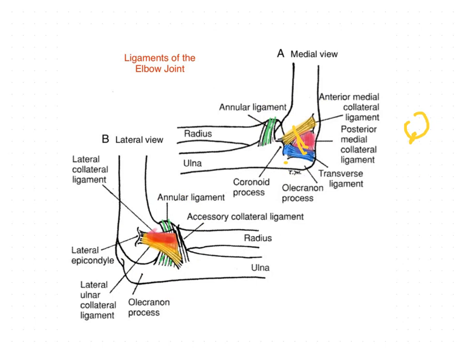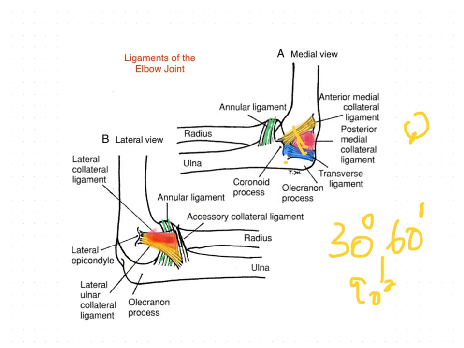The anterior band of the anterior bundle of the medial collateral ligament was found by these investigators to be the primary restraint of valgus at 30 degrees, 60 degrees and 90 degrees of flexion.